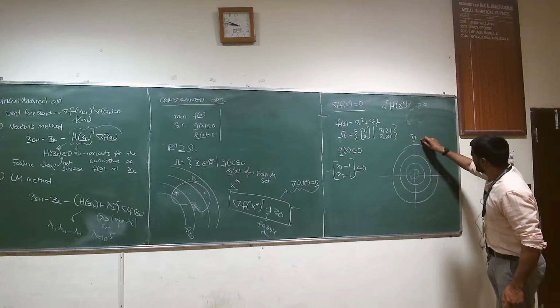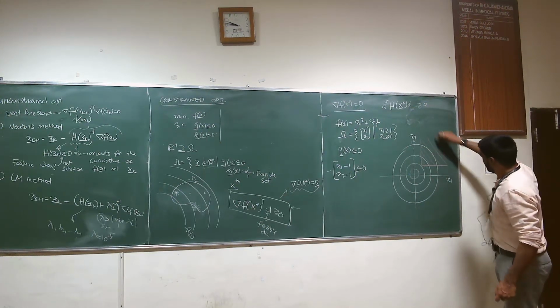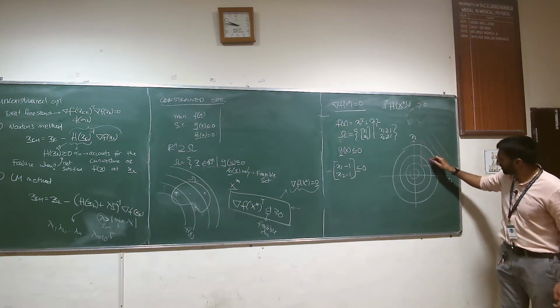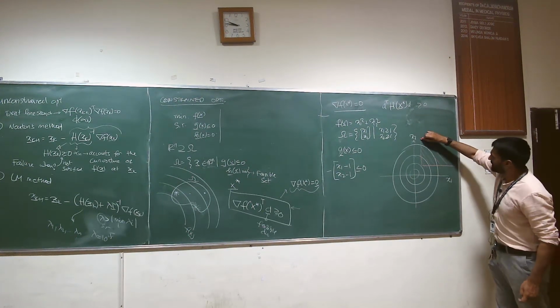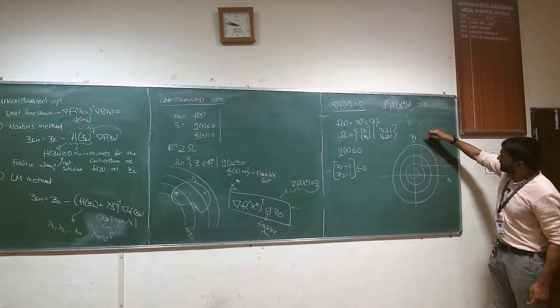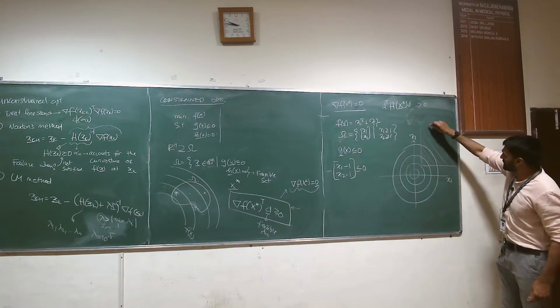Well, it's just this, right? All of this. These are all points where x2 is 1 and x1 is any value greater than 1. These are all the points where x1 is 1 and x2 takes all values greater than 1. So this is our omega.